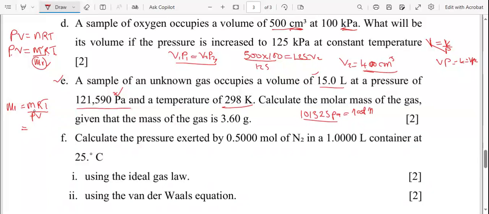So we substitute now. Molar mass: the mass given is 3.60, times the gas constant 0.0821, times the temperature, now 298, over the pressure.